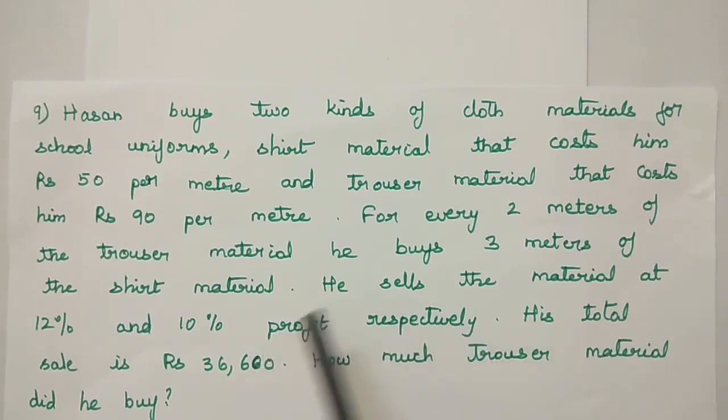That is, the whole problem is related with the selling price. How much trouser material did he buy? His total sale is 36,600. So it is clear that this is a sales oriented problem, which goes with the relation between the selling price and the profit.